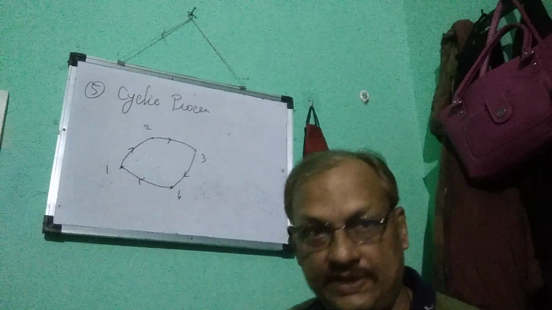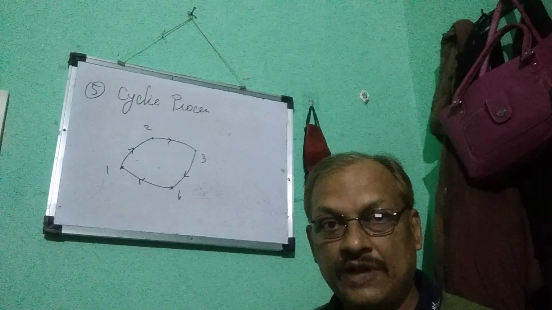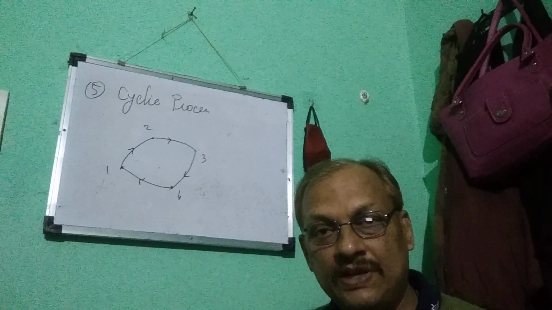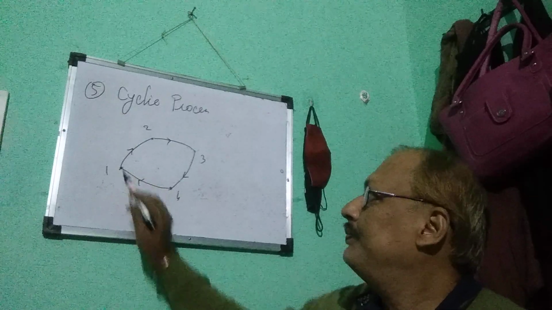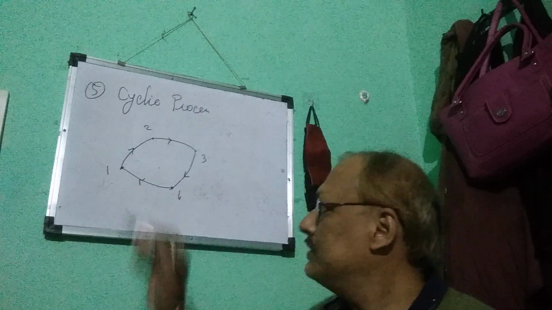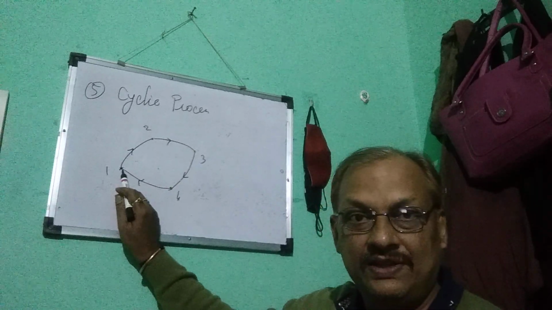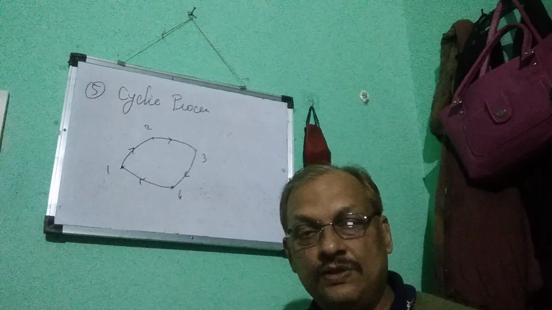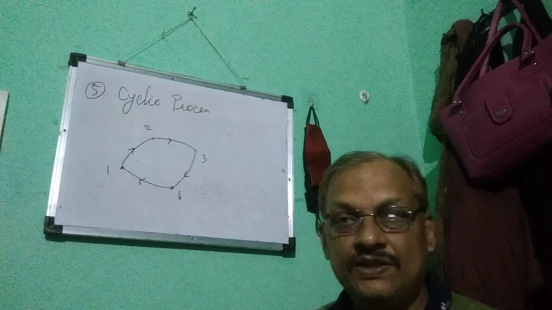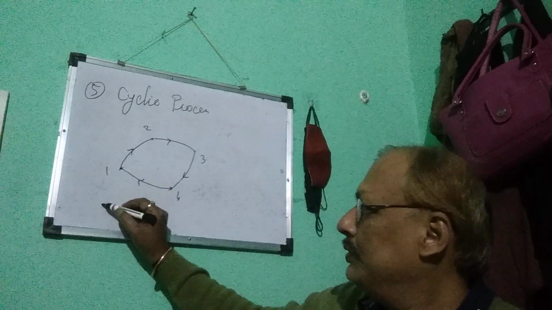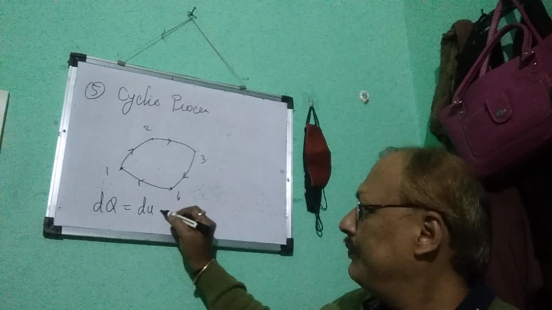Solving a cyclic process problem is nothing but solving an isothermal process, because the starting point is 1 and the final point is also 1. So there is no net change of temperature, so no net change of internal energy. dq = du + pdv.